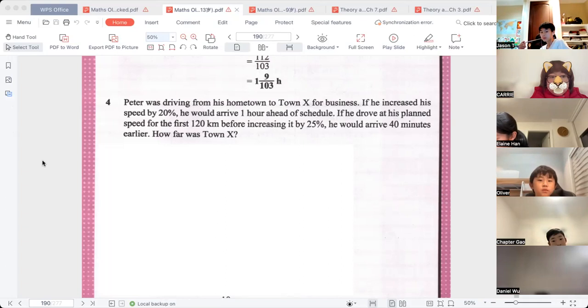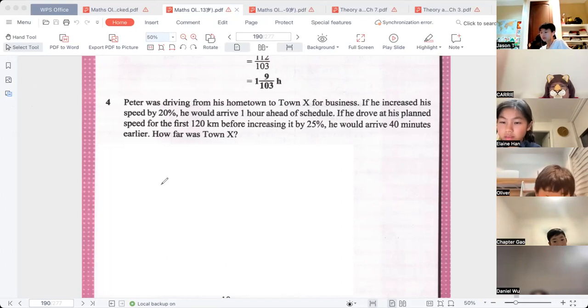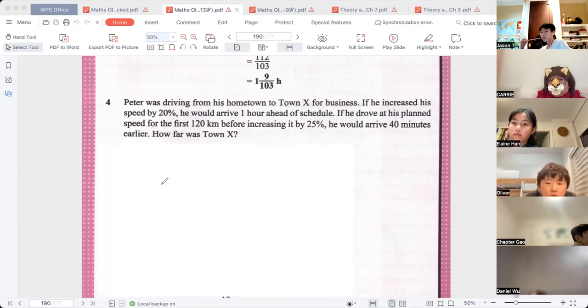Is it okay? 好不好？Peter was driving from his hometown to town X for business. If he increased his speed by 20%, he would arrive 1 hour ahead of schedule. Do we know his schedule? No, we don't know that.